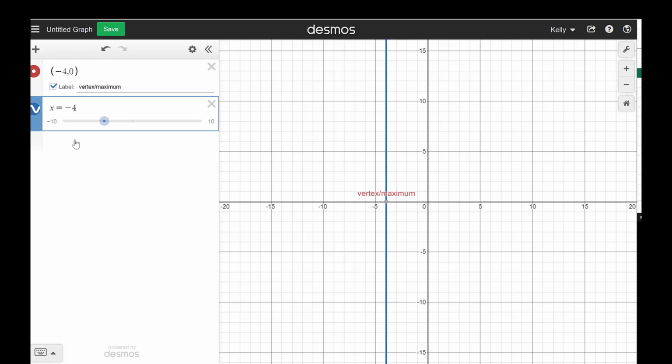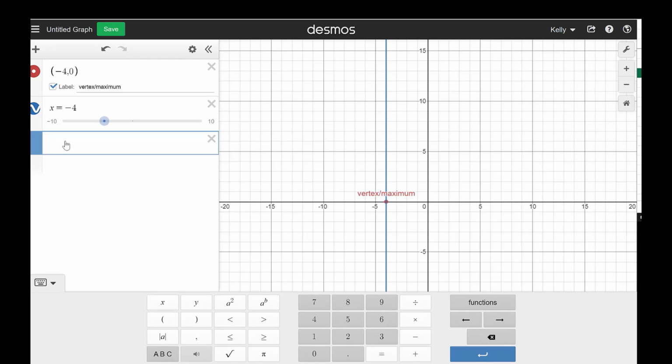Then we have a question about the negative 4, 0. Well, our last graph, if we go back and look at it in your notes, had it at 2, 0, and that was x minus 2. So I'm going to try x plus 4, okay? That's what we're going to do.